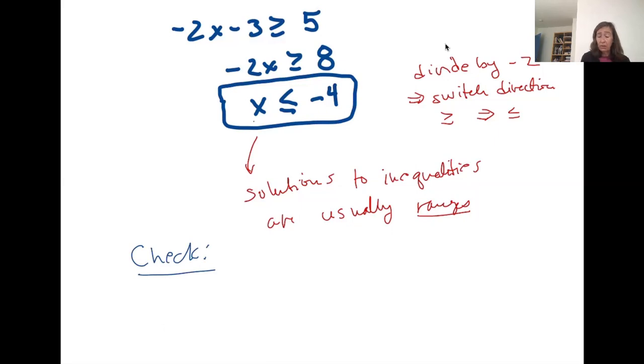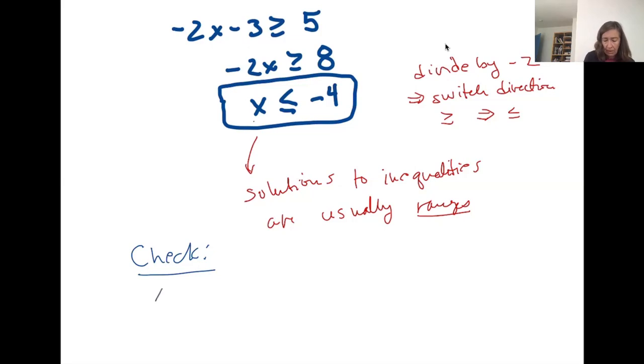I'm going to pick a value for x that is indeed less than -4, and one that is strictly greater than -4. It should be true for the one that is less than or equal to -4. It should be false for the other one.